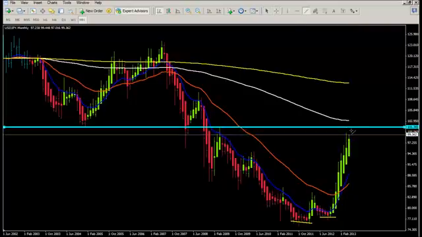So if the price moves up here, it could be that it's bouncing a little bit, maybe a lot, maybe not, but very important for me to know.